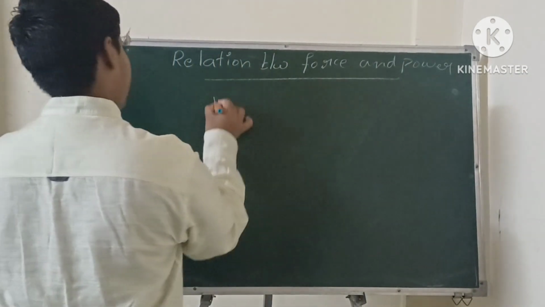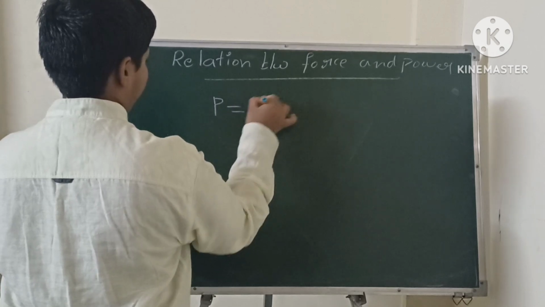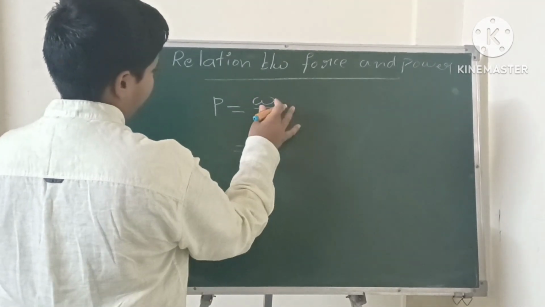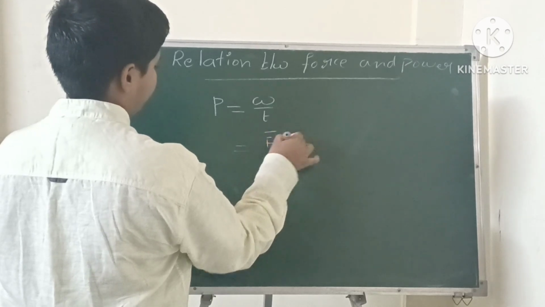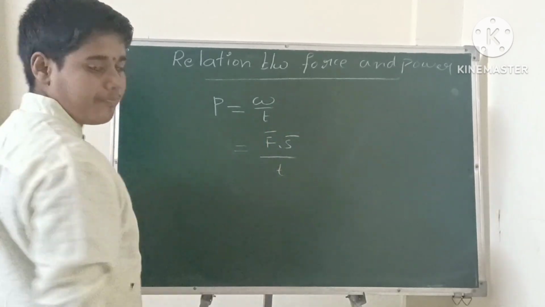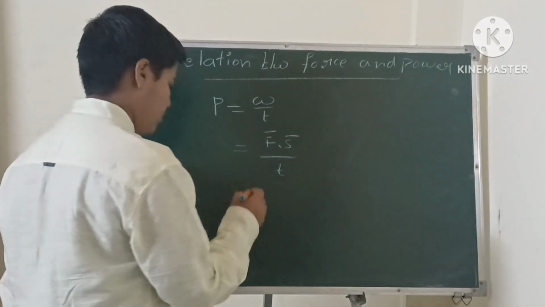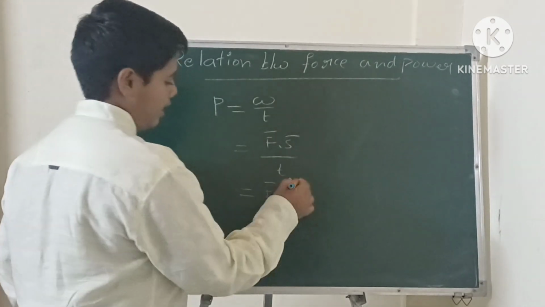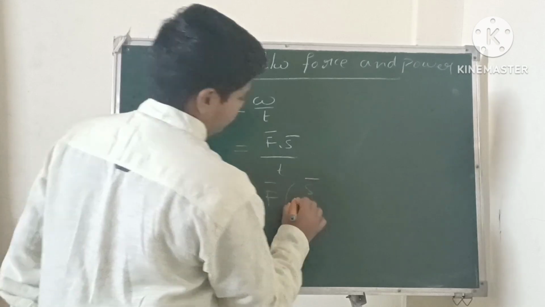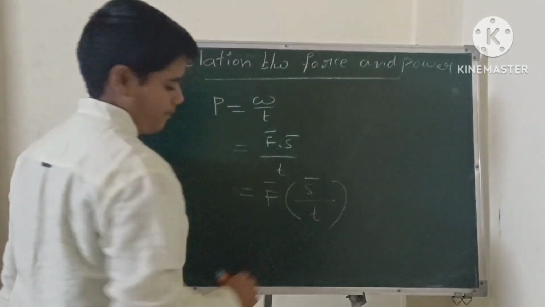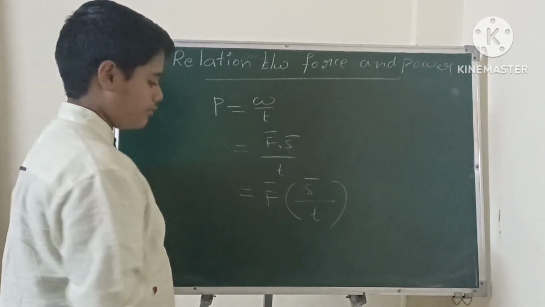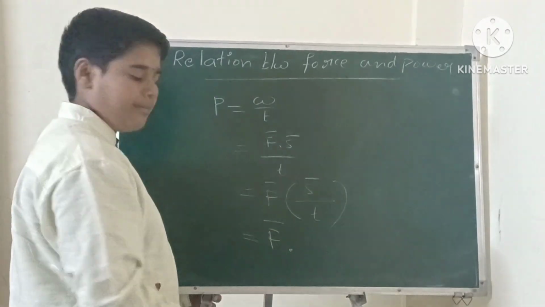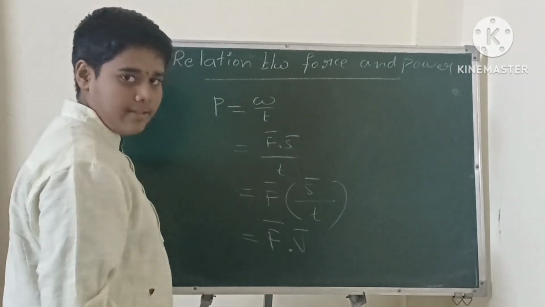Here we already learned power is equal to work by time. And here work is written as force into displacement by time. Okay. So here I am taking force outside, and I am keeping displacement by time. And displacement by time means velocity.